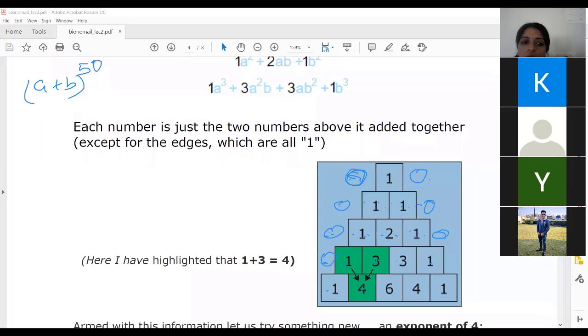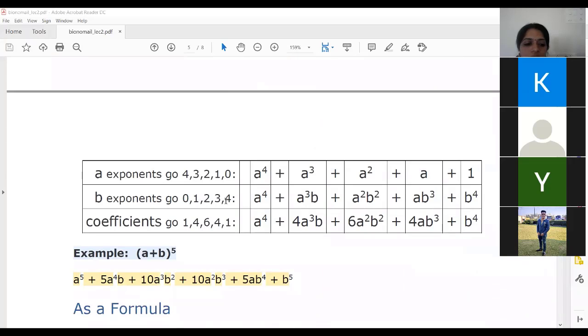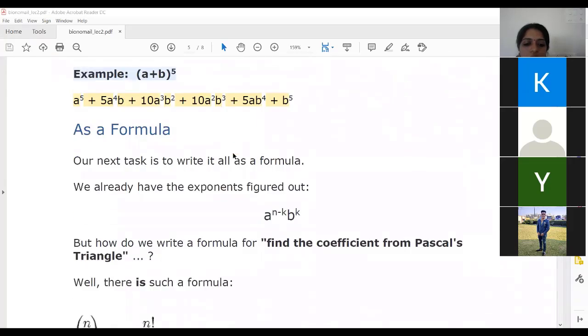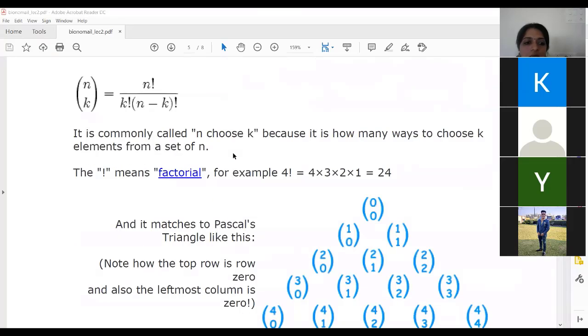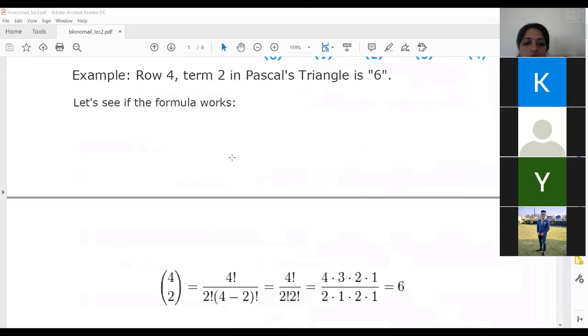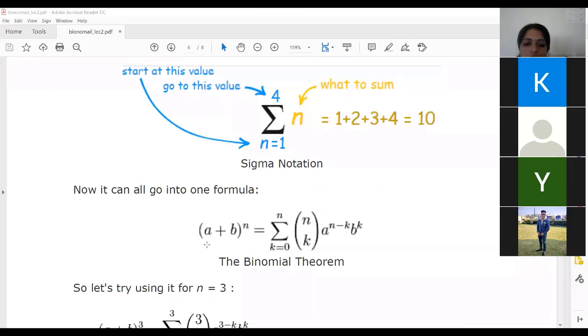So, for the solution of this problem, we are using this formula: a plus b whole raised to n is the summation from k equals 0 to n of nCk a raised to n minus k b raised to k.